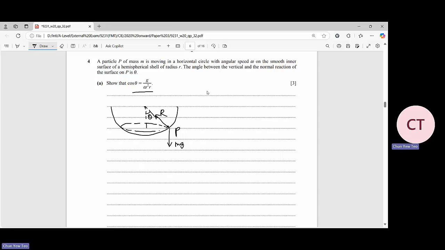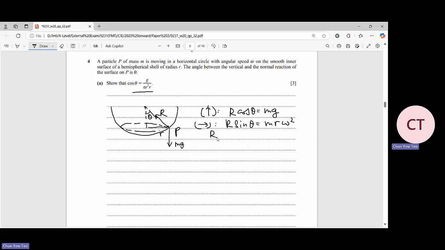So what we can do now is if we resolve the forces vertically, you have R cos theta is equal to mg. If you resolve the forces horizontally, you get R sine theta is equal to m r omega square.